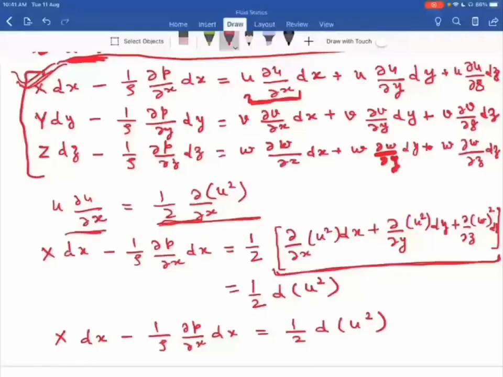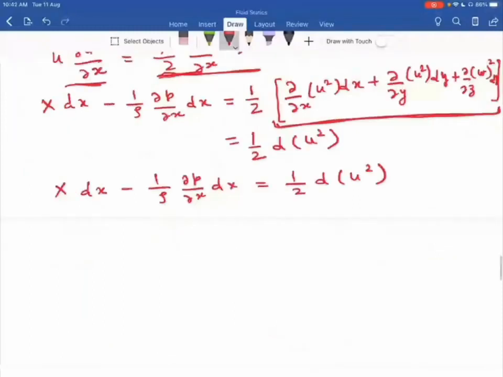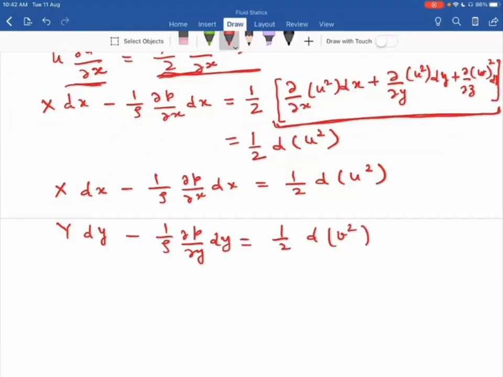Similarly, for y axis, you can write Y dy minus 1 by rho ∂p/∂y dy equal to 1 by 2 d v square and Z dz minus 1 by rho ∂p/∂z dz equal to 1 by 2 d w square.